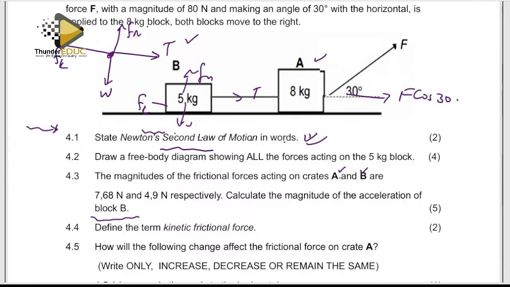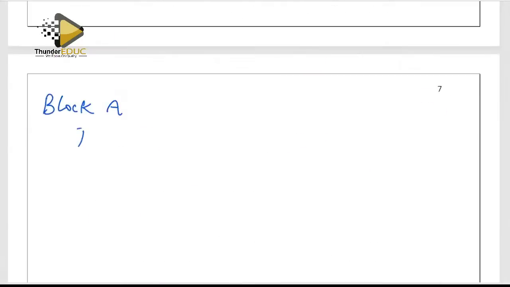Do we have the force? Yes, it is 80. So it's 80 cos of 30 minus the tension, minus also the frictional force, should give me the ma. Okay, so F net is equal to ma.